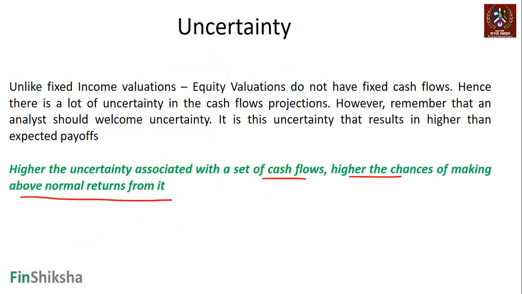So it's important to understand that unlike fixed income valuations, uncertainty is actually your friend. Why is it your friend? Because it gives you a chance to make above normal returns. Otherwise, you will never make above normal returns. You will make whatever the market is offering and whatever is already defined for you.